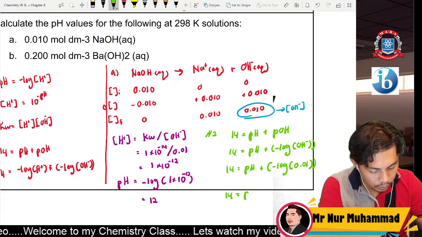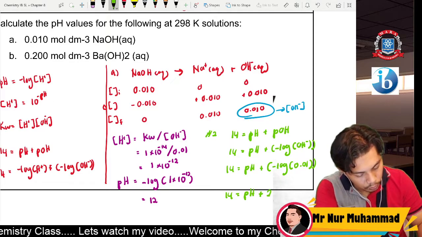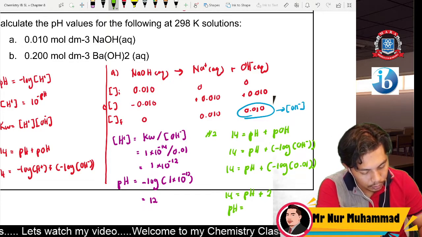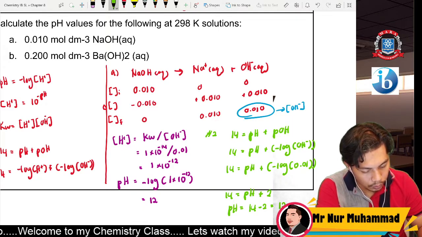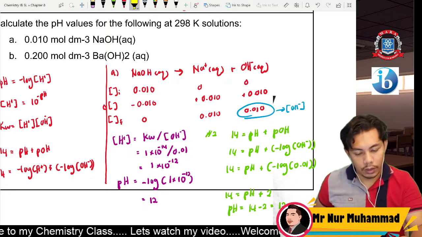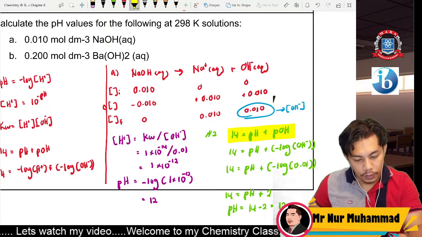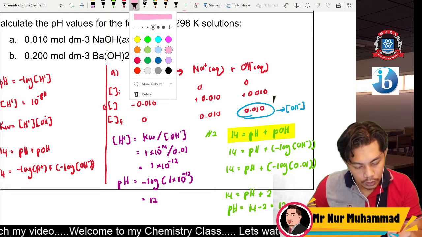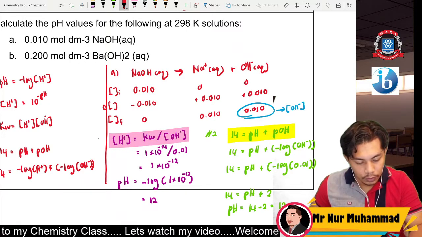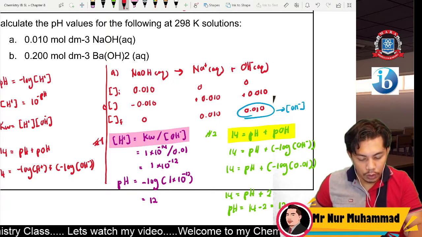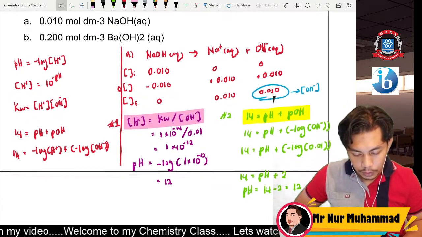So 14 equal to pH plus 2. Then pH is equal to 14 minus 2, equal to 12. So this is the second method that we can use with this formula. In the first method we use the other formula. So there are two types of methods. Now we look at question B.